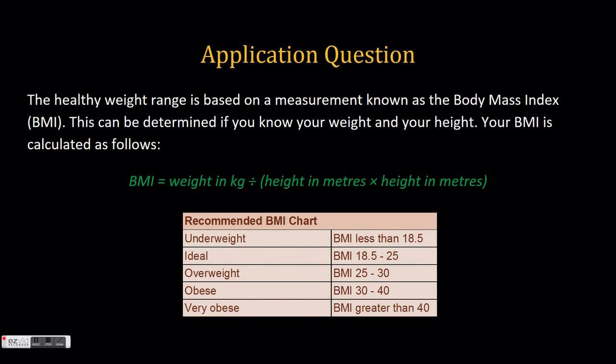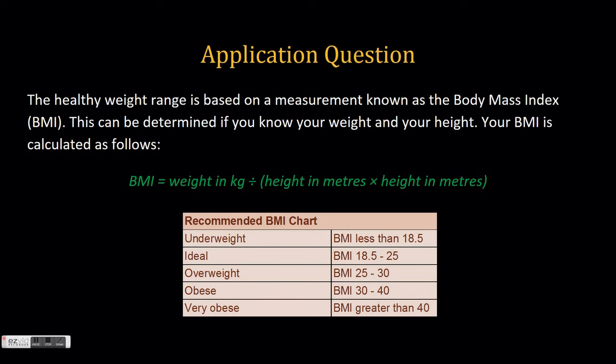So we're saying if the BMI is less than 18.5, then the person is classified as underweight. If the BMI falls within the range between 18.5 and 25, then we classify this person as ideal. If the BMI is between 25 and 30, then we classify this person as overweight.